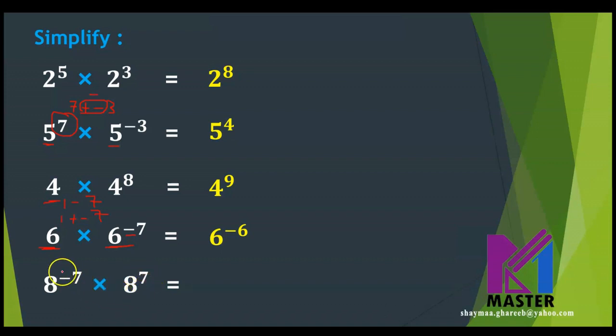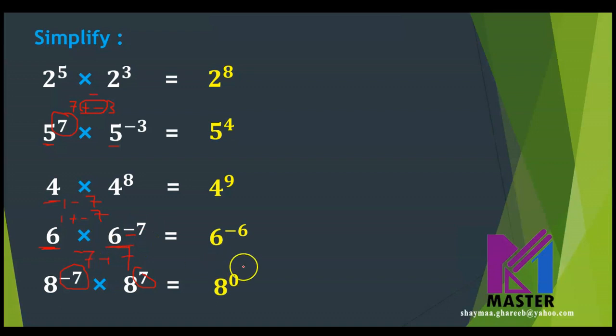The last example, 8 to the power of negative 7 times 8 to the power of 7. I'm going to add the two powers and keep the base number. So the answer will be 8 to the power of, let's add the two powers, negative 7 plus 7 equals what? Equals 0.